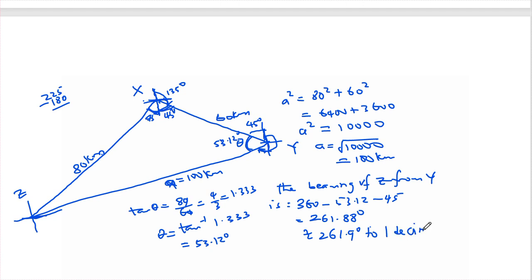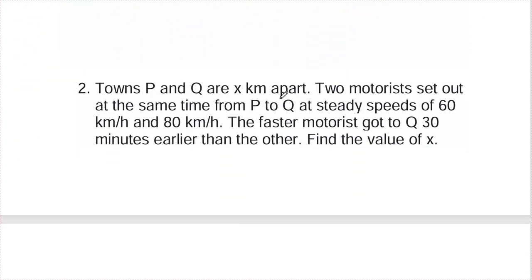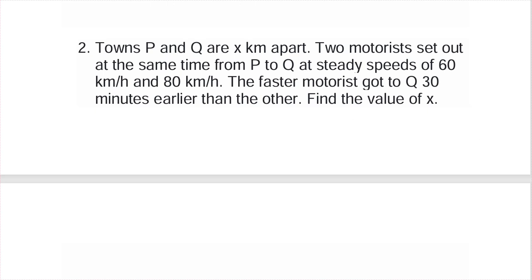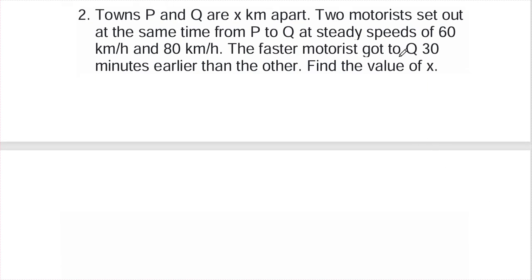They didn't say to the nearest degree, so I'll leave it in 2 decimal places or 1 decimal place. You can just simply say 261.9 degrees to 1 decimal place. Okay, that is quite easy. So let's see the next one.